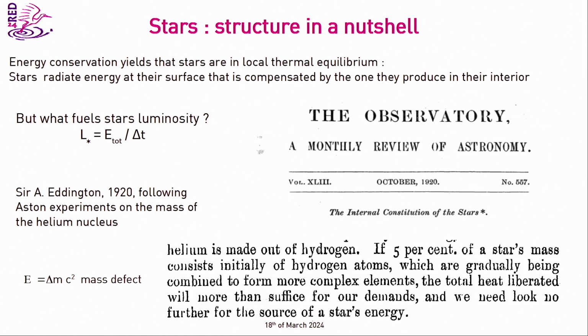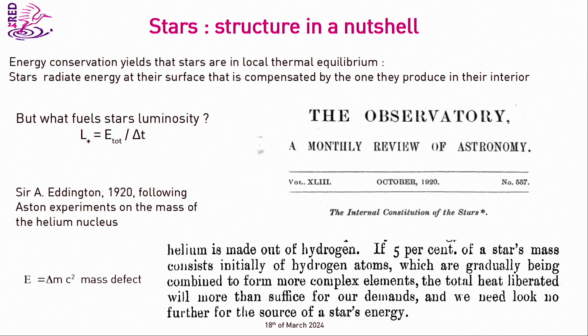This paper followed an experiment of Aston, who did a spectroscopy of mass and had measured the mass of a helium nucleus, and seen that the total mass of the helium nucleus was lower than the sum of the masses of the protons and neutrons that make the helium nucleus. This is the mass defect that we talked about during the first part of the lecture. So there's energy because it's not just the sum of the masses of the constituents. There's something different.